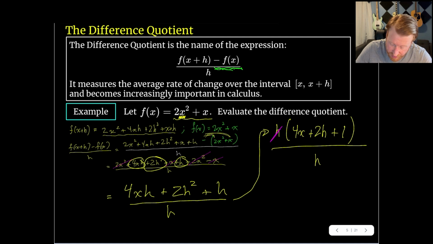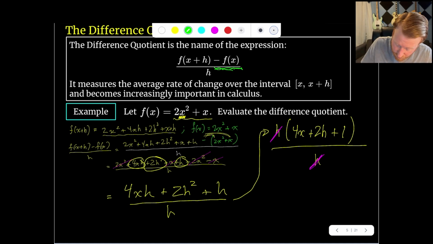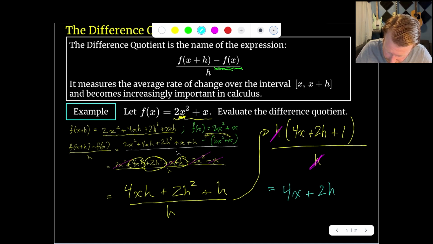Now that I've got it factored out, here's just that multiplicative 1. h over h is just 1. I don't need to write that. So cancellation, as I've said in a previous video, is not something that's guaranteed. We have to find a reason to be able to cancel things. Here, finding that multiplicative 1 is the reason. And so our final answer will be, let's do it in blue, 4x plus 2h plus 1.